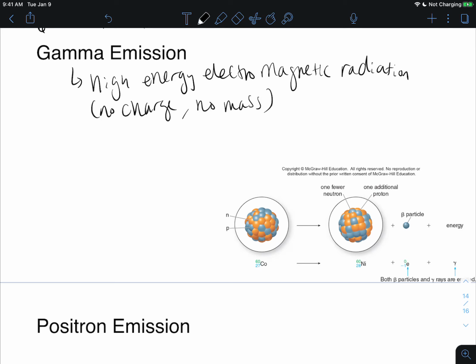But it's going to have the greatest penetration depth and lowest ionization potential because it has no charge and no mass. Greatest penetration because it interacts with matter the least. And because it has the greatest penetration depth of the 3 forms we're talking about, the alpha particle, the beta particle, and the gamma ray, it's going to generally be considered the most dangerous. But it does have the lowest ionization potential because it doesn't have any charge.